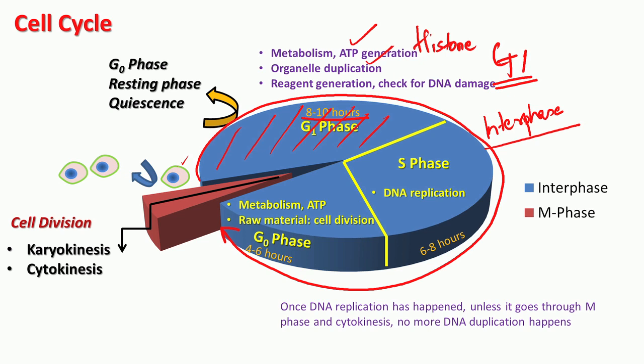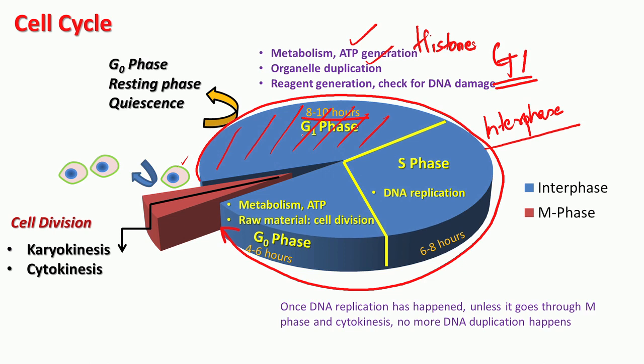So, the building blocks, a lot of these proteins which are necessary for the process of DNA replication, also for compacting the newly synthesized DNA, for the packaging of the newly synthesized DNA, which is the histones, are getting synthesized in the G1 phase.